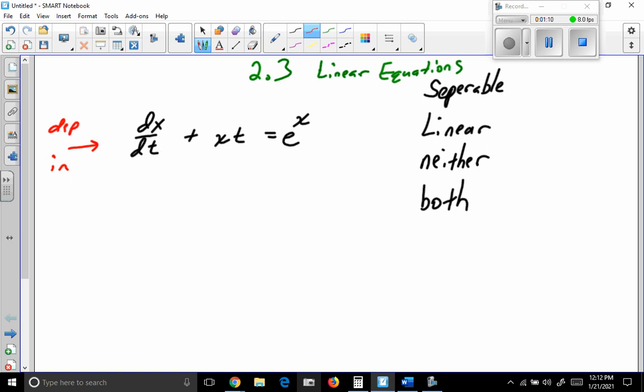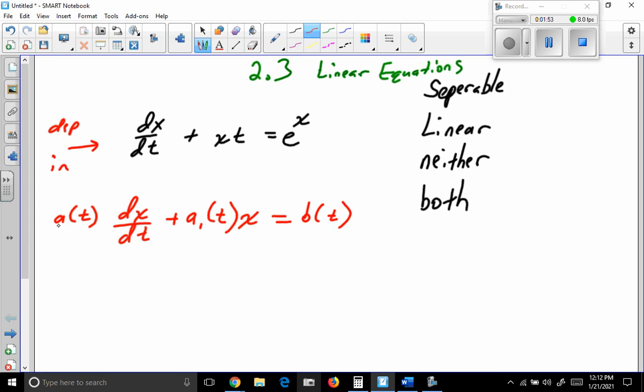So if we have a differential equation where we have our differential and we could have some function out front, or some coefficient that is a function of our independent variable, and if our dependent variable is x, then we could have x in the next term, and we could have another function of our independent variable. And then on the other side, we could have a function of our independent variable.